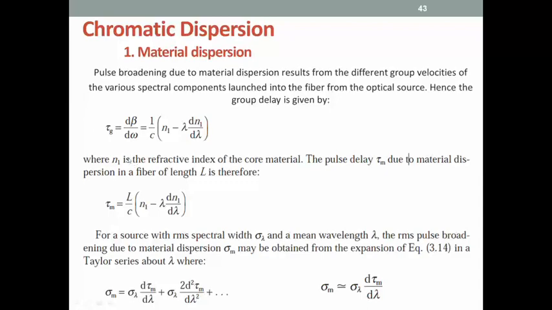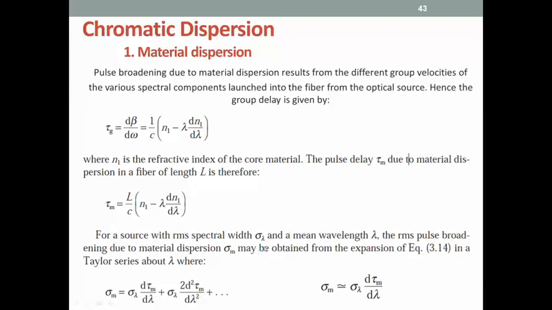Secondly, where n1 is the refractive index and tau_m is the material dispersion, the expression for material dispersion is given by L by c, where L is the length of the fiber used, times the same expression again. So tau_m is nothing but L into tau_g. You need to remember these two equations.